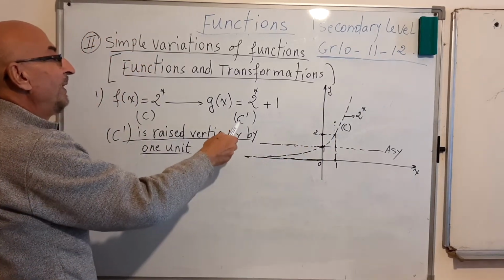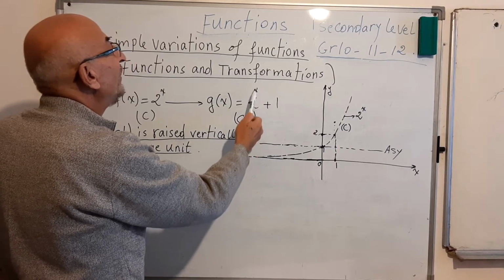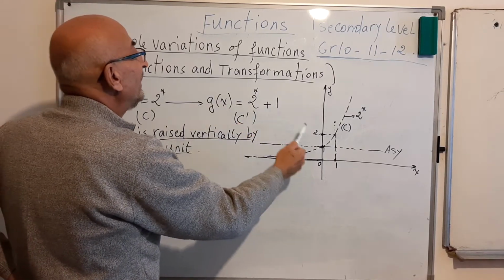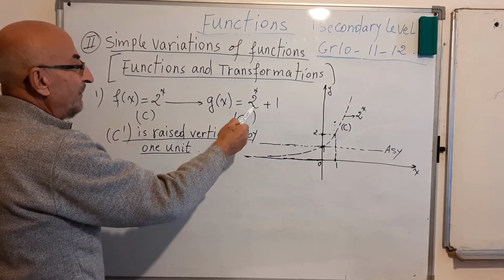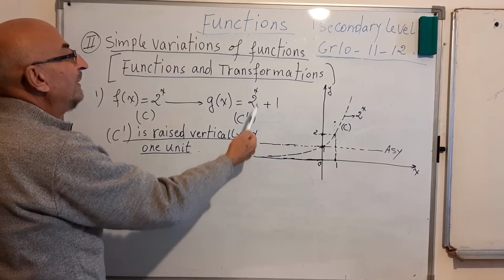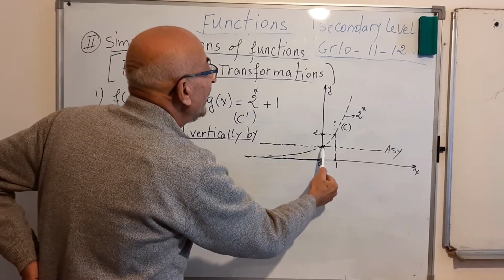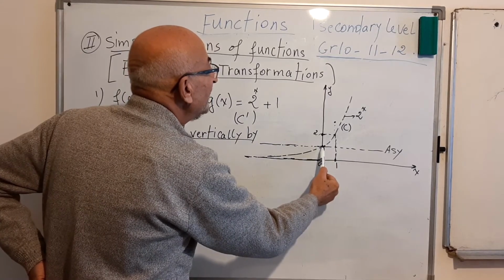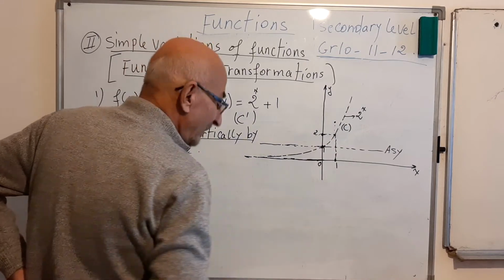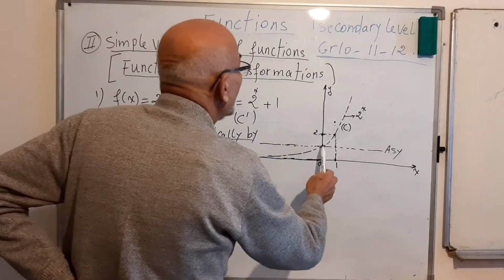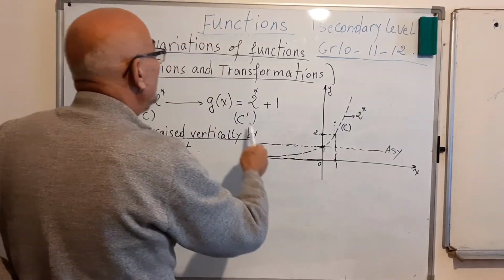Now for C prime, we have g of x equals 2 power x plus 1. C prime is raised vertically by 1 unit. We add 1 unit to each point on C. We obtain the graph C prime of g.